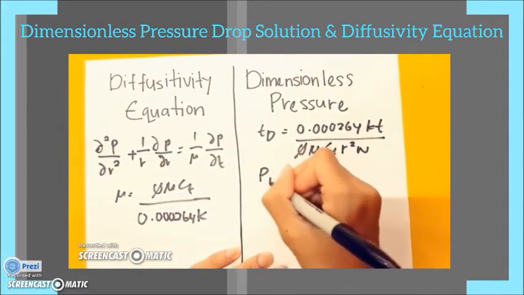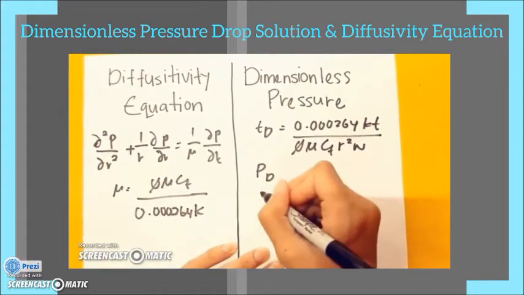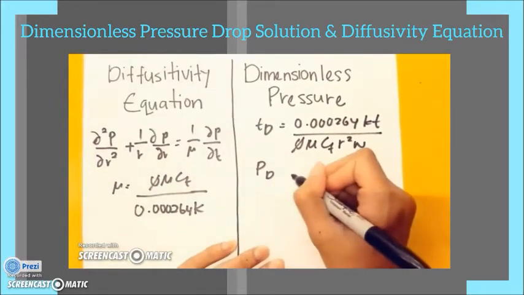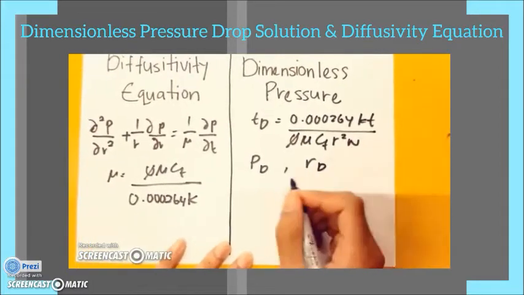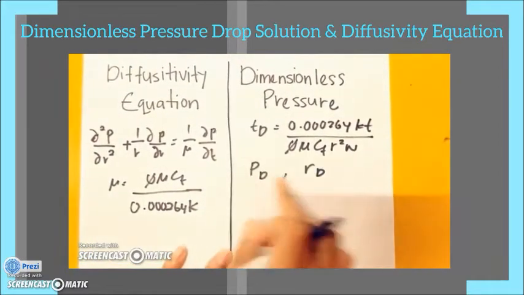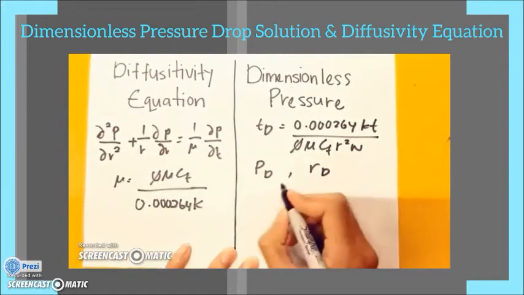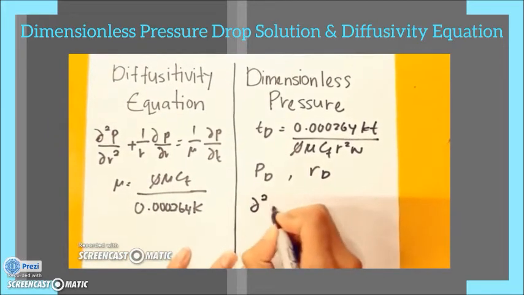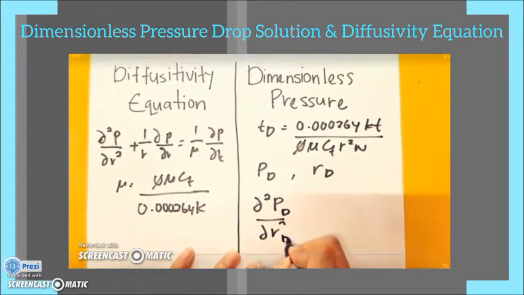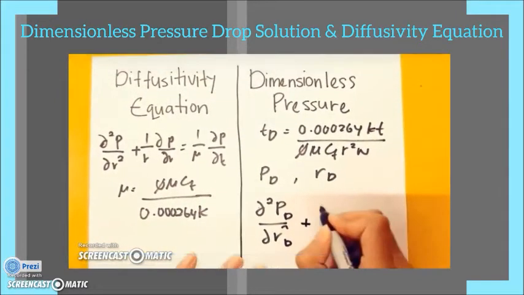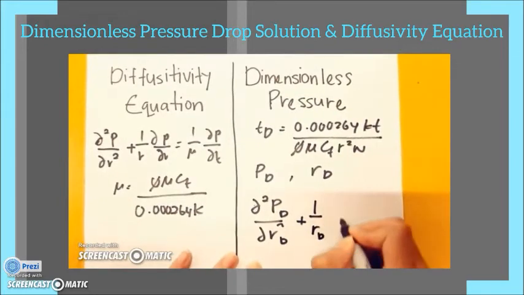Whereas for dimensionless pressure, we have several dimensionless variables such as tD, which is known to be 0.000264 kt over porosity mu ct rw squared. When we have pD and rD, we can substitute those variables into the diffusivity equation.